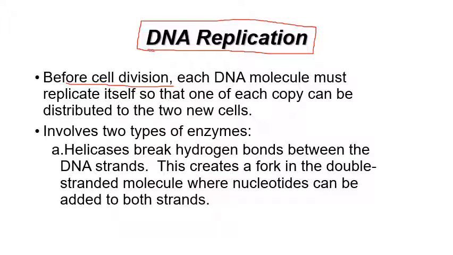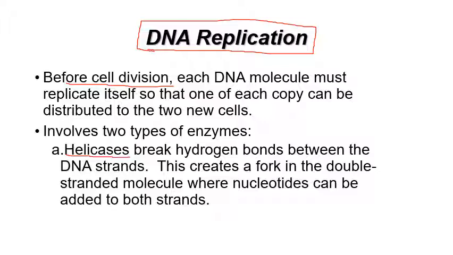In transcription, you saw we had RNA polymerase. Here we're going to have a DNA polymerase, but we have a second set of enzymes, and those are the helicases. In transcription, the RNA polymerase both broke down the hydrogen bonds and also formed the bonds for the messenger RNA.